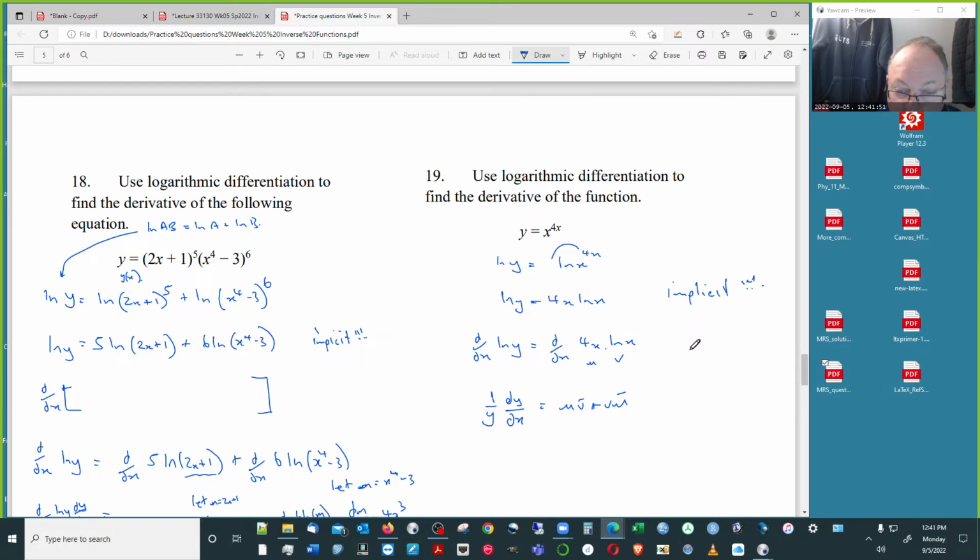Okay, and then you'll have y times. So 4x, u dash is equal to 4, v dash is equal to 1 on x. So this becomes 4x on x, which is 3x. This becomes the ln of x, 4 times the ln of x.